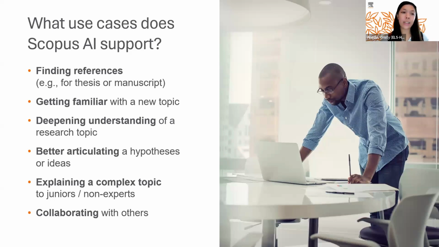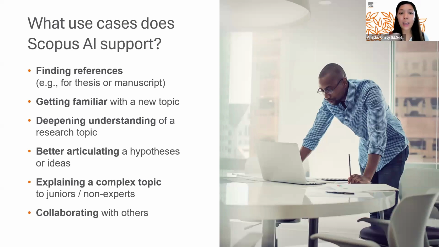So it's faster now. Sometimes also getting familiar with a new topic is a challenge. So that's where Scopus AI could support you because it provides you an in-depth summary of the topic.